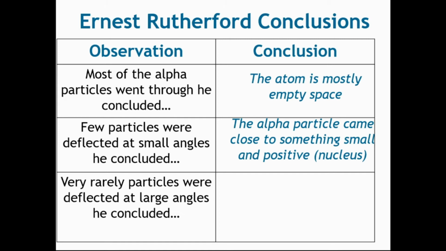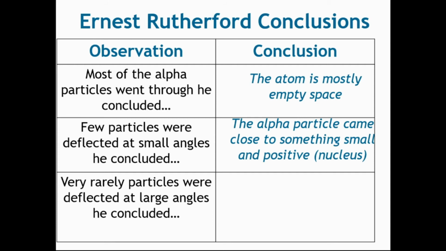Something small and positive. And there will be deflection, because you hit the thing, and you, the alpha particle yourself, you are positive. The nucleus is also positive. So if the two of you collide, one would have to go away.